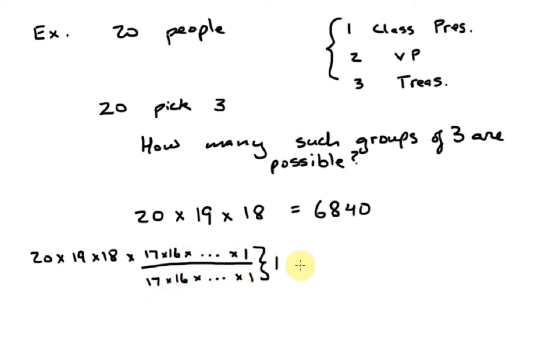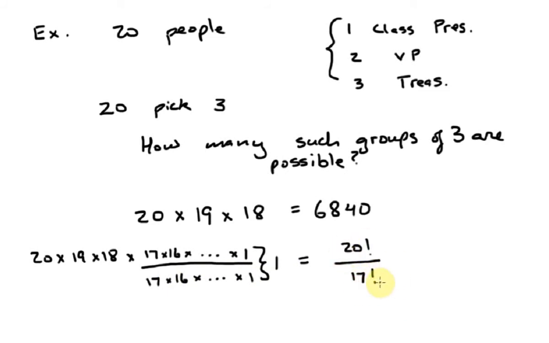Now why would I do this, you might say? Well, look at what you now have on top. I got 20 times 19 times 18 times 17 times 16 all the way down to 1, which is 20 factorial. Hey, look at that. And on the bottom, I have 17 times 16 all the way down to 1, which is 17 factorial.